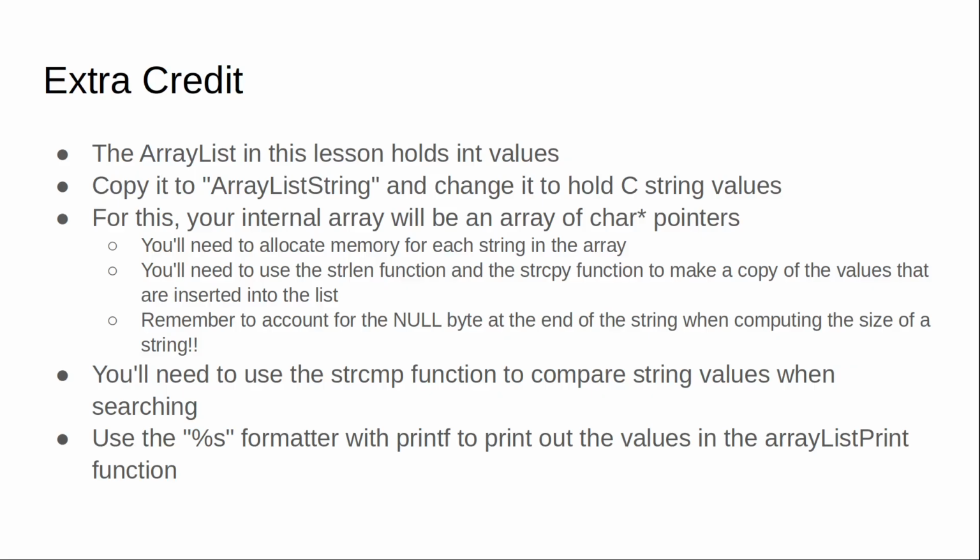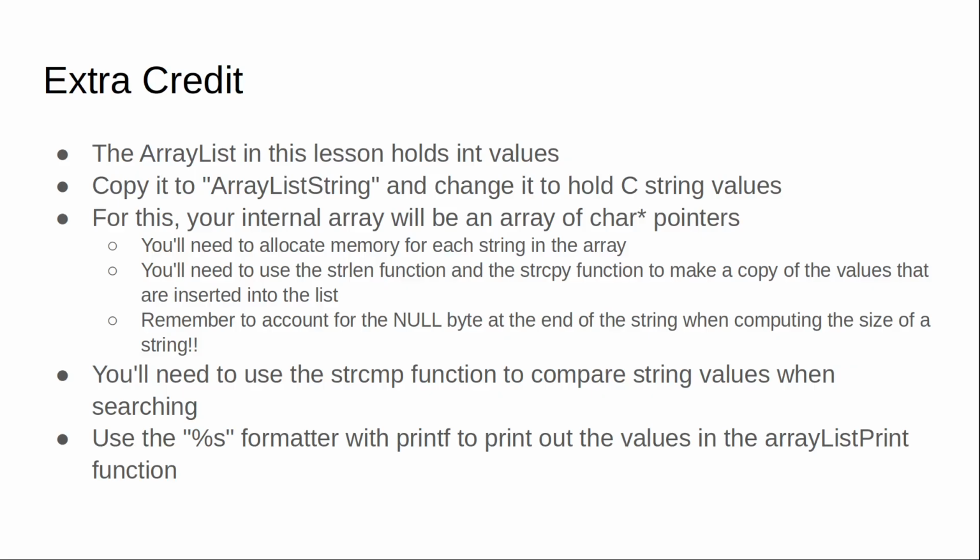So copy the implementation that we have here to array list string and change it to hold C-string values. For this, your internal array is going to be an array of char star pointers. And each time a user does an insert, you'll need to allocate memory for each string.